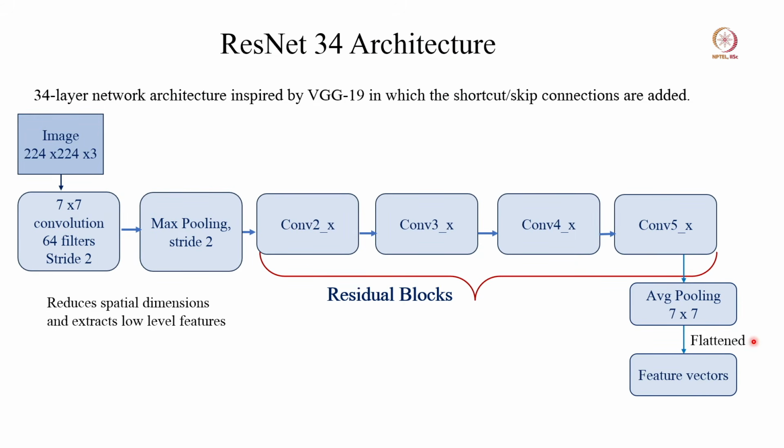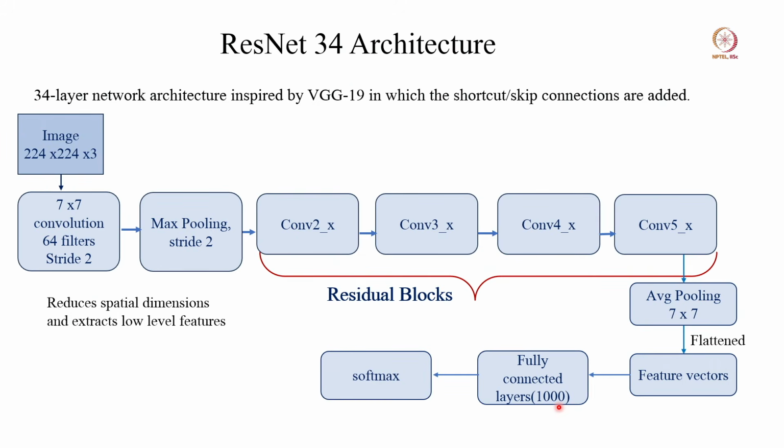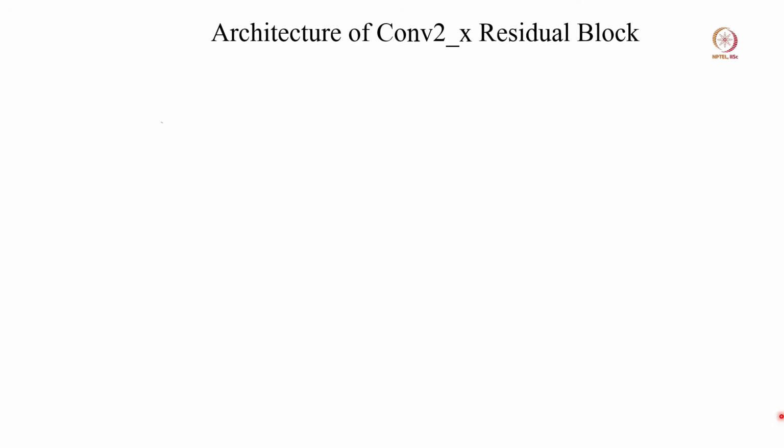Then it gets flattened, we get a feature vector. Then we have the fully connected layer of 1000 nodes. This 1000 is coming because we have 1000 classes for classification in the ImageNet dataset, and then it goes to the softmax activation function, and we get the output. So, this is the overall ResNet34 architecture.